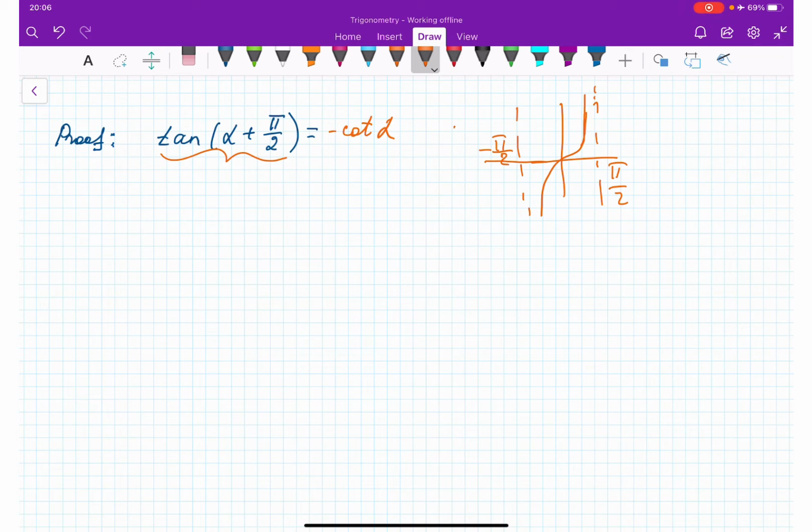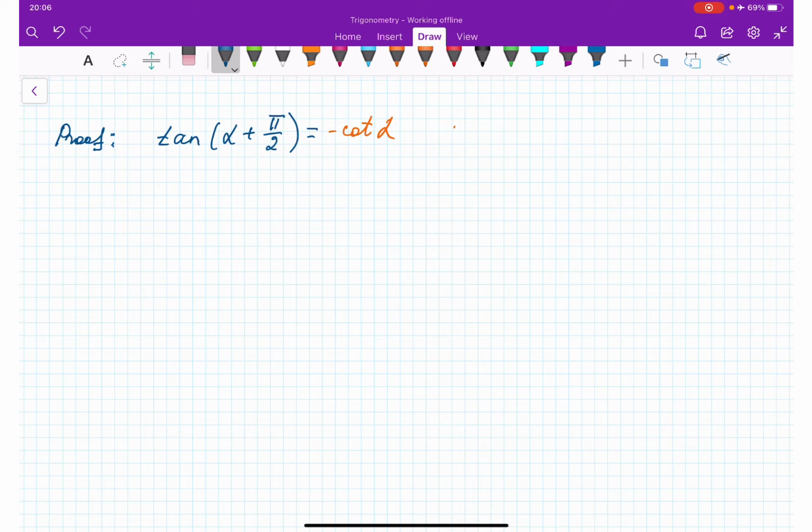So at the point of half a pi, it's equal to infinity. Therefore, we cannot apply the formula for tangent alpha plus beta when beta is equal to half a pi or alpha is equal to half a pi. Okay, so we will go a different way.